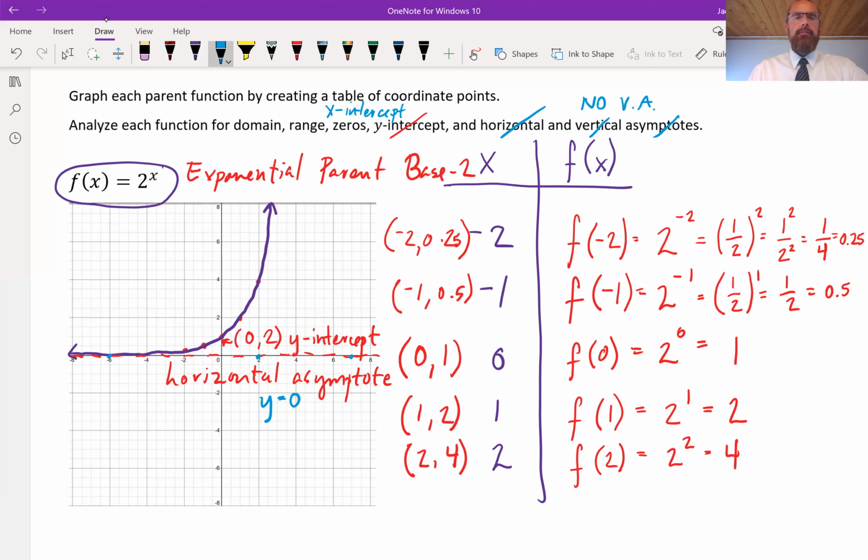Well, if my graph never touches or crosses the x-axis, can it have a 0 or an x-intercept? No. So again, part of what we're seeing is when we've answered parts of the analysis, it tells us information about other parts. In fact, it tells us perhaps there isn't something like a 0 on our graph.